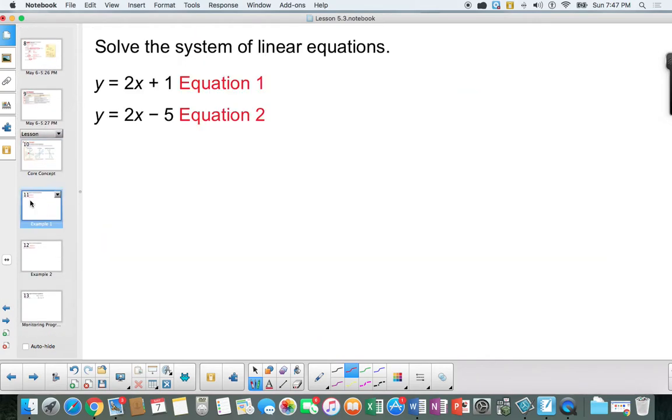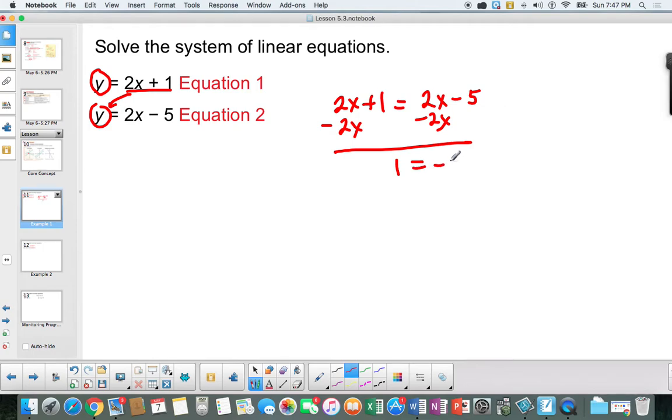Let's go ahead and take a look at this problem. Now, I notice that I have y's, so I'm going to use the substitution method, and I am going to put this right into here. So this is going to be 2x plus 1 equals 2x minus 5. I'm going to subtract 2x on both sides, and then I'm going to get something that's not true.